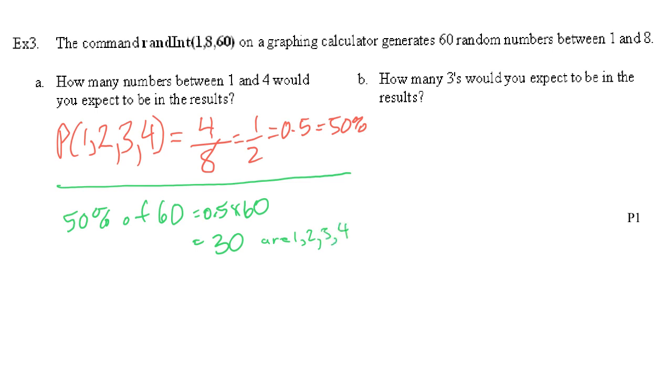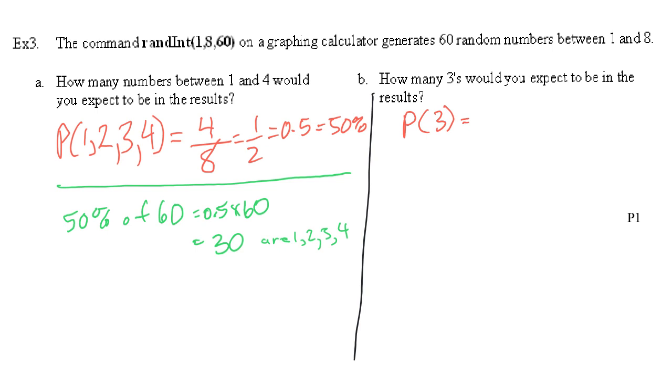So now let's go and do this next one here. How many ways could I get 3s as the result? So if I was looking to get 3s as the result, I would start by doing this. Find the probability of 3.